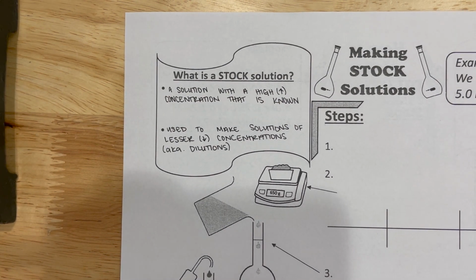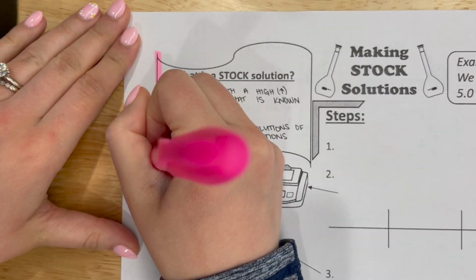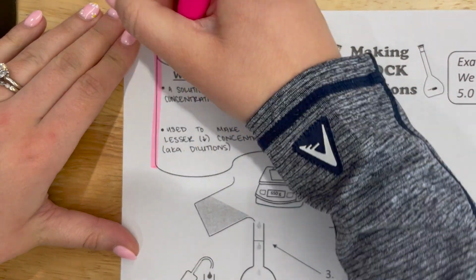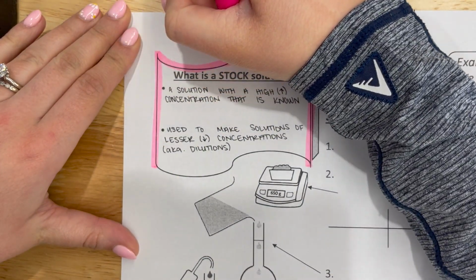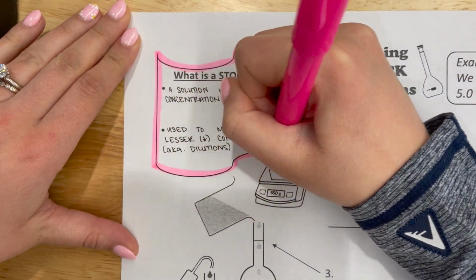This is kind of like our why that's going to be guiding us today: what is the purpose of this? I'll give you a couple examples of when we would make this, and I'm actually going to show you an example of making one as well.